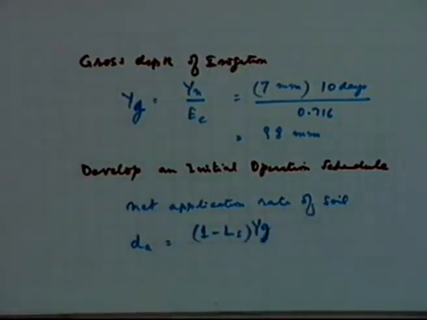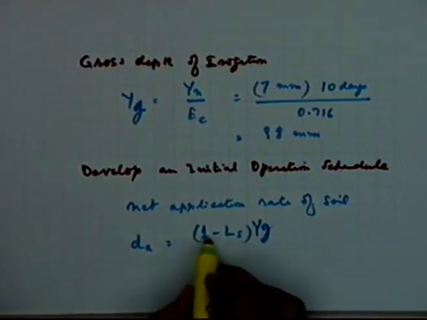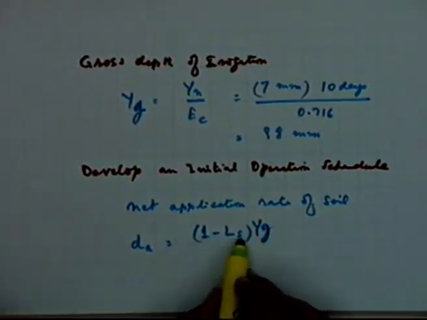Let me say that this is YG, the gross application, taken care of for the losses, which are the evaporation and wind drift losses.